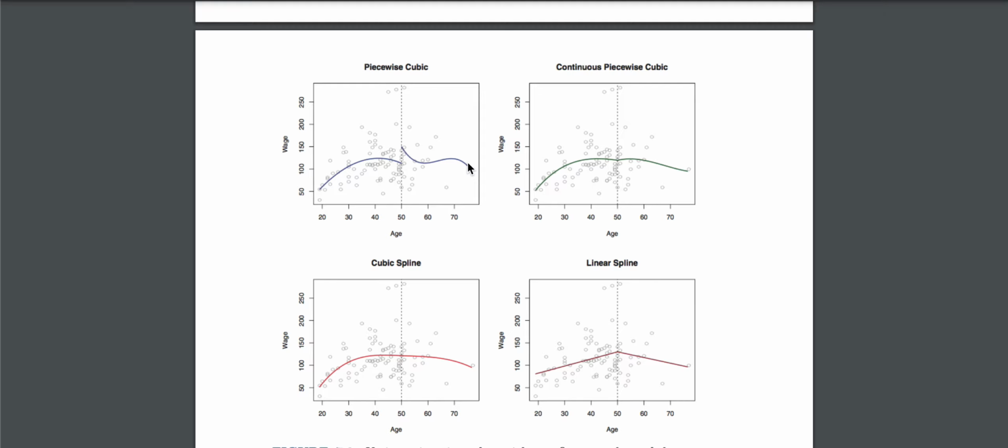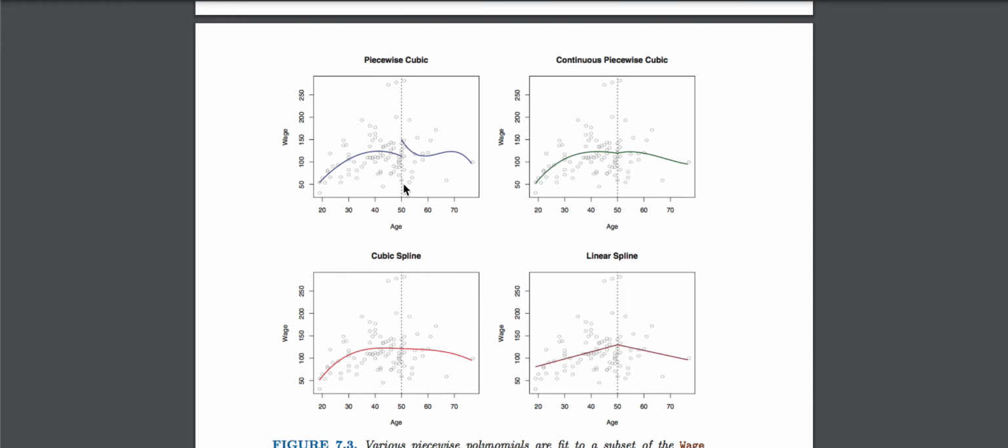So instead of fitting a high degree polynomial over the entire range of x, piecewise polynomial regression, in this case piecewise cubic polynomial regression, involves fitting separate low degree polynomials over different ranges. Here is this range and this range.